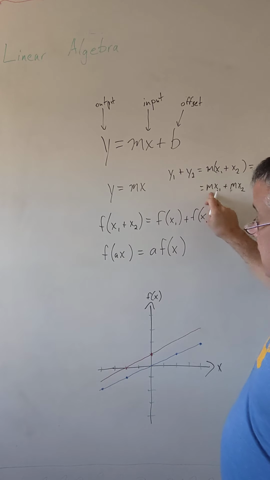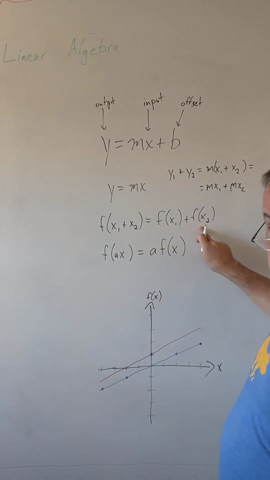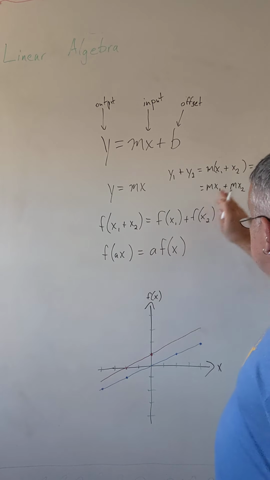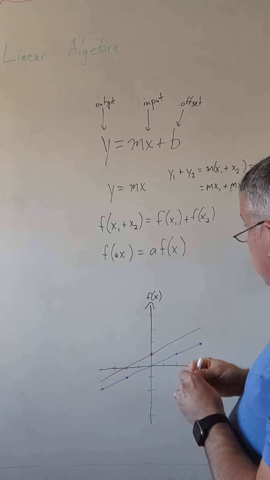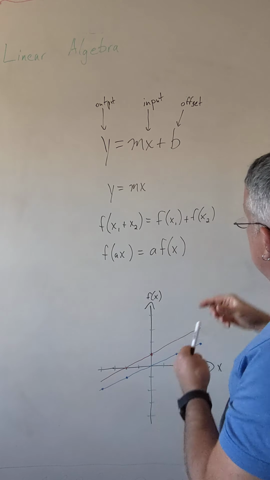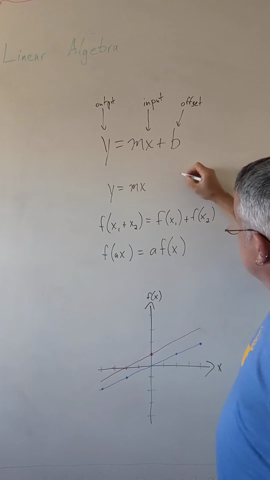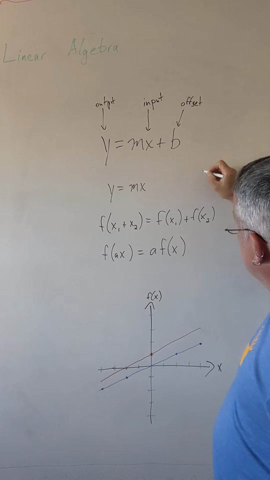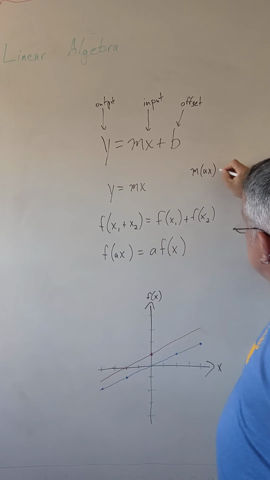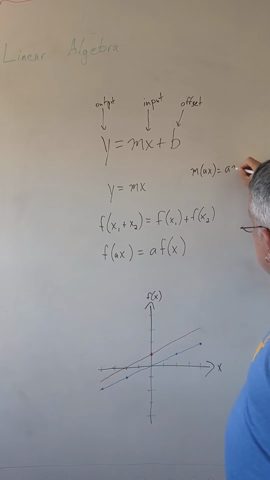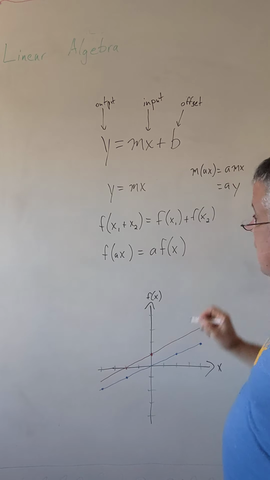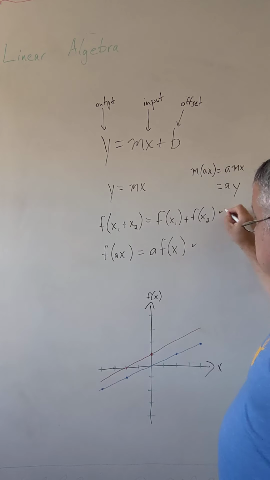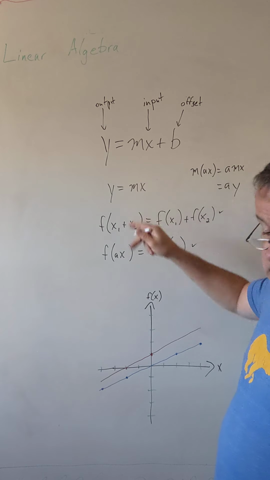So that's fine. That's satisfying this part of the relationship. What about this one? Let's check that one out. If I multiply x times a number a, then I get m times ax, which is equal to a times mx, which is equal to a times y. So this one is also true for y equals mx.